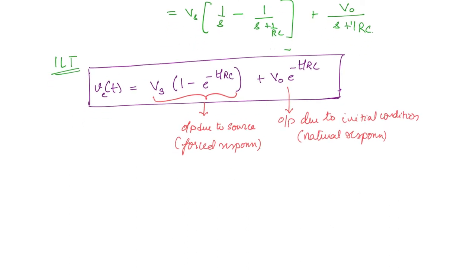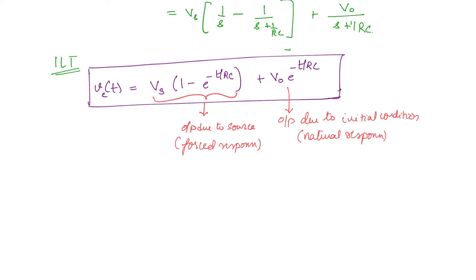So, this is one way in which you can interpret the output, forced response plus natural response. There is another way as well. So, what is that? You can see here that this is an exponentially decaying function. This is also an exponentially decaying function. So, when t tends to infinity, this and this term will vanish. What will be left out? Only Vs, okay. So, Vs will be the final steady state output of Vc(t).